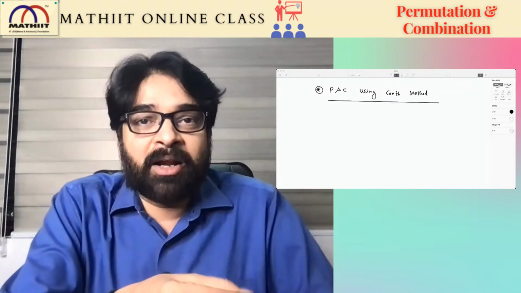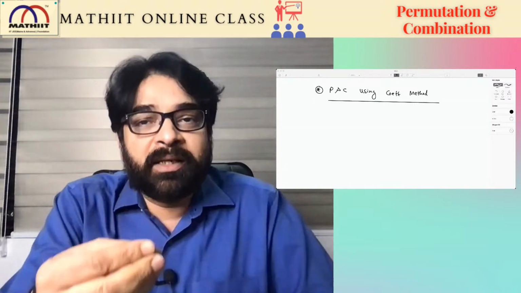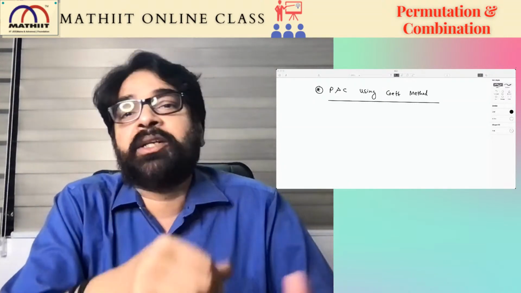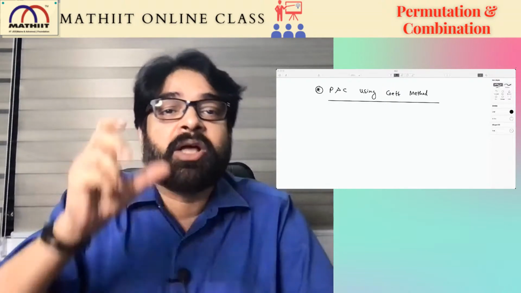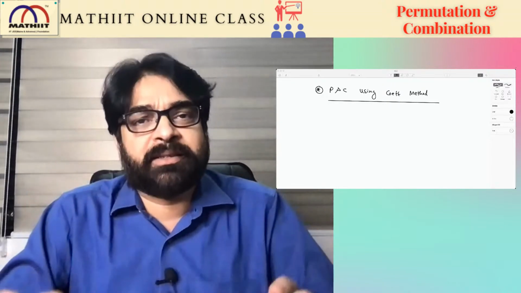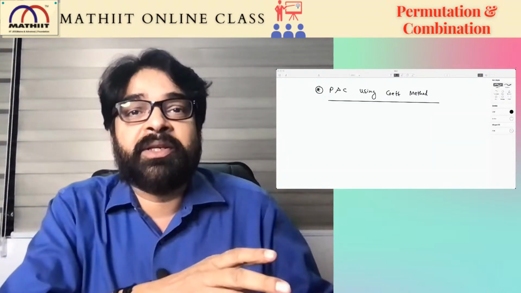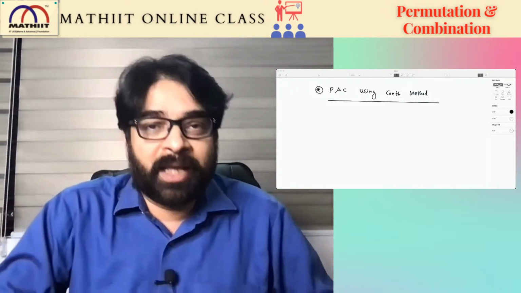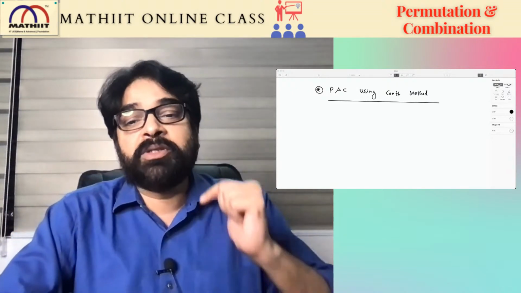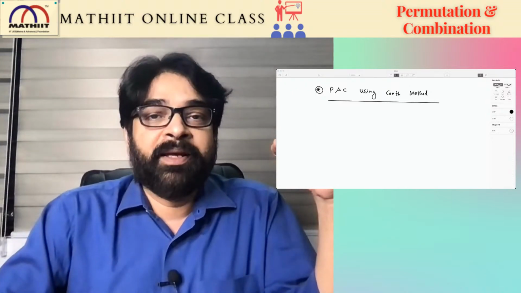If you have to select R objects out of n different objects, we say nCr. If you have to select R objects out of n identical objects, one way. If you have to select R objects out of n mixed objects, then we have to make cases, for example something three different, two identical. We make cases because it depends on which kind of object is there.